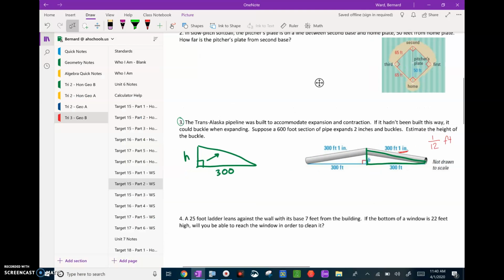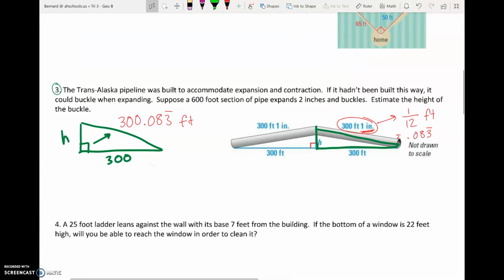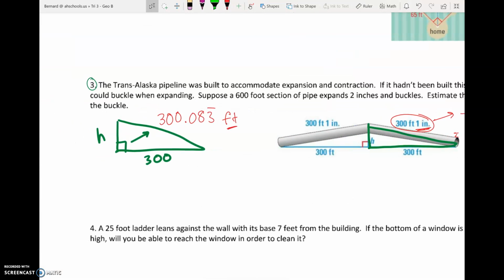This is 300 feet and 1/12 of a foot, and 1/12 is 0.083 repeating. So 300 feet and 1/12 is the same as 300.083 repeating feet. Now we've converted that double unit dimension into one single unit. We changed it all to feet.